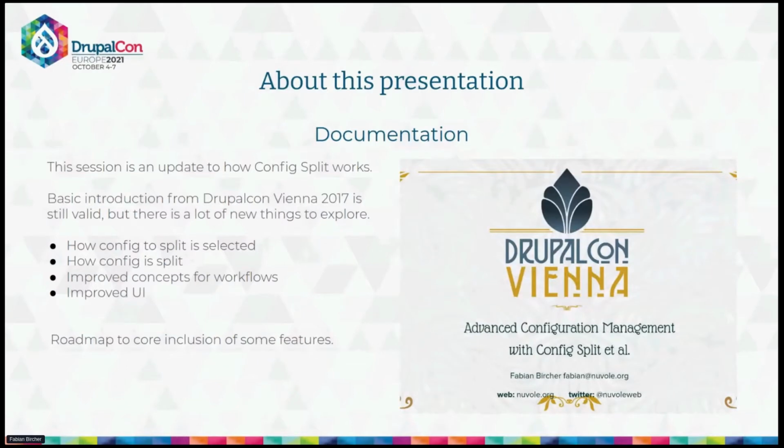Then there are some improved concepts for workflows, so you can do some of the things more easily. There's an improved UI, and finally, since this is also the future of CMI2, the roadmap for core inclusion for some of these features. But we will see that at the end of the presentation.